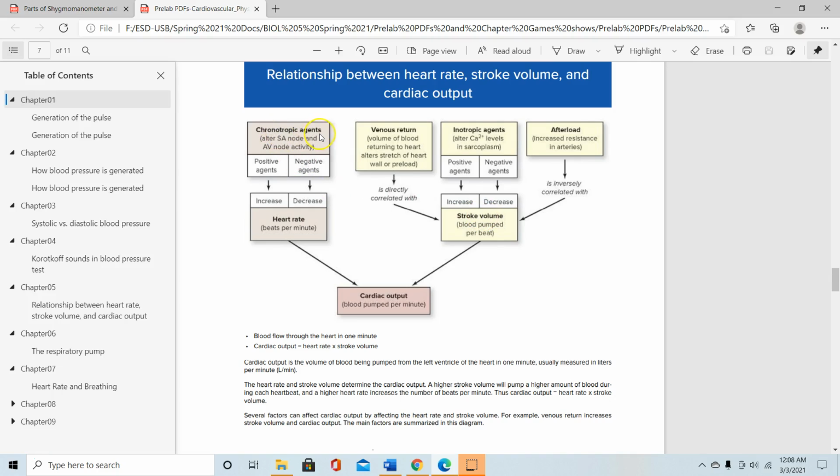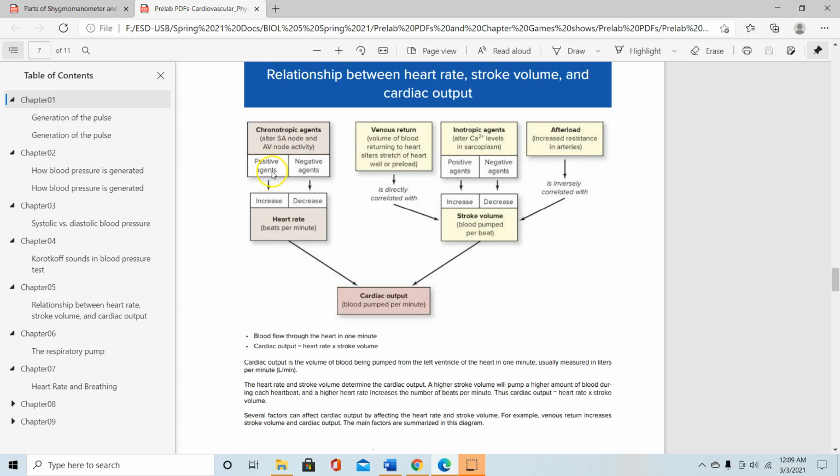So chronotropic agents. Chronotropic agents are the medicines or drugs which increase your heart rate, okay, or decrease your heart rate. So these chronotropic agents alter the SA node, the sinoatrial node, which is found in the heart, and AV node activity, and they increase or decrease heart rate.